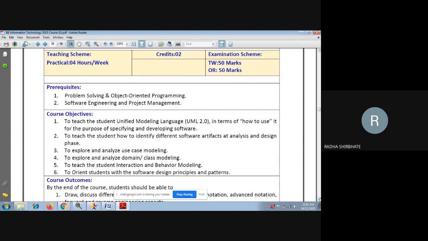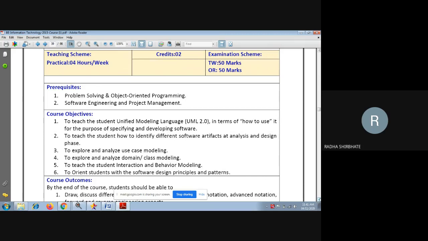Okay, so today we are going to proceed with the first point, that is the course objective of this particular subject. The course objectives are to teach the students how to use the unified modeling language, and what the purpose of it is. Also, it is used to identify the different software artifacts that are used in the analysis and design phase. Similarly, it is used to explore analysis, use case modeling, and domain class modeling.